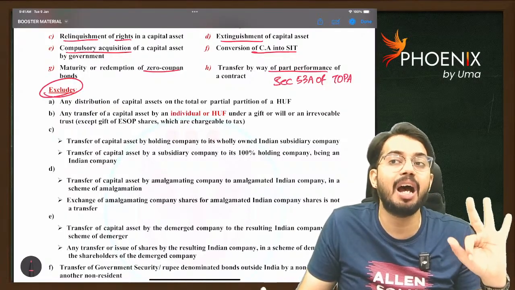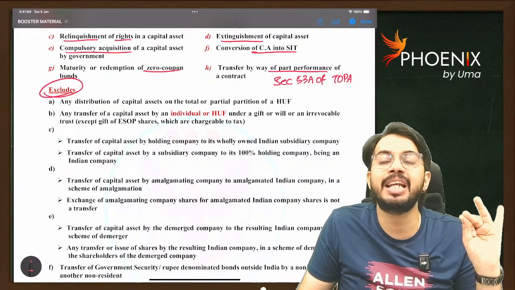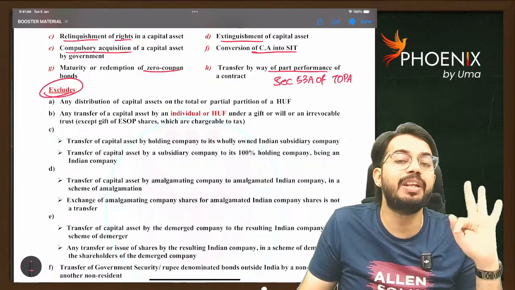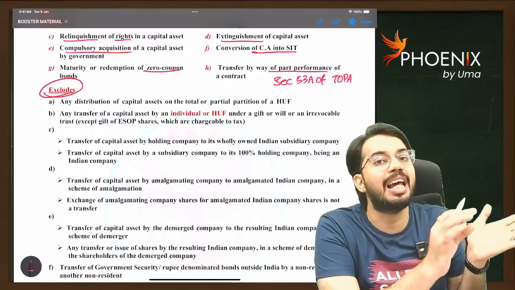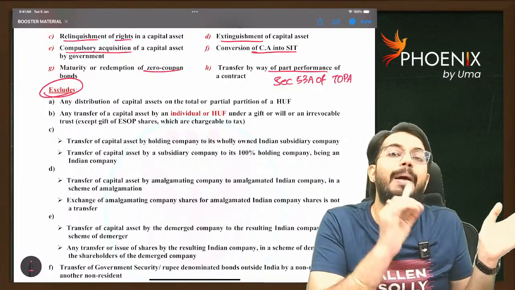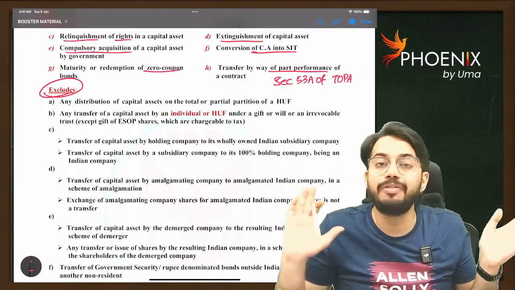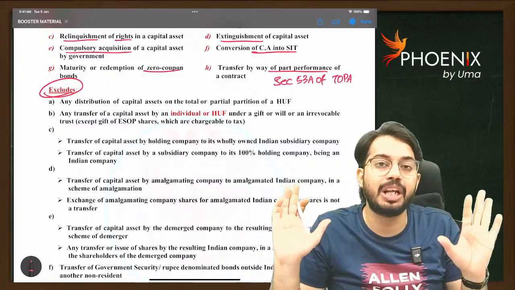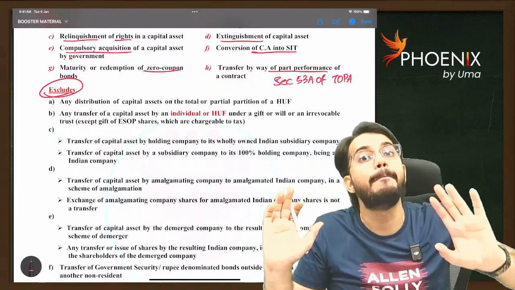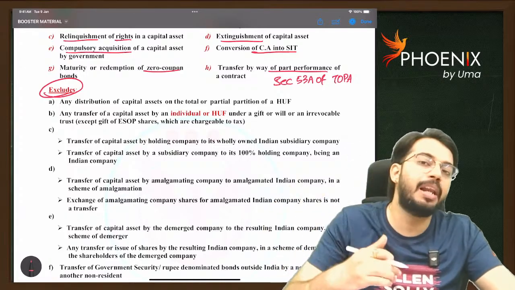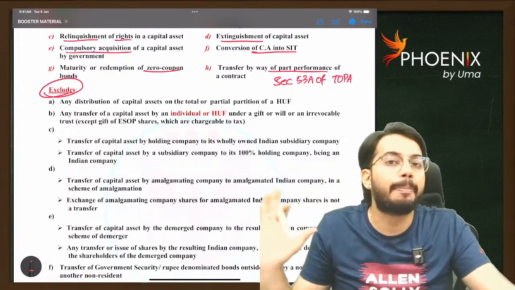Buyer has taken the possession of the property. Buyer has taken the control of the property. If these three conditions are satisfied, even though on registration documents seller is the owner, still buyer will be considered as deemed owner of the house property. Do you remember that provision? So that deemed ownership concept is from buyer point of view. Under capital gains we will think from seller point of view.